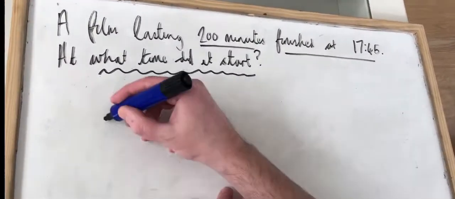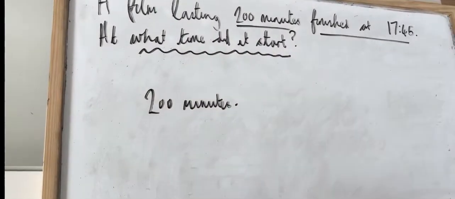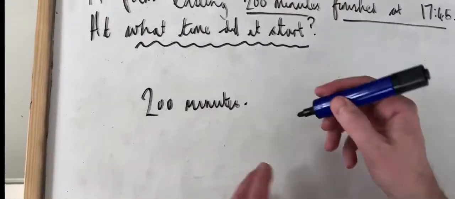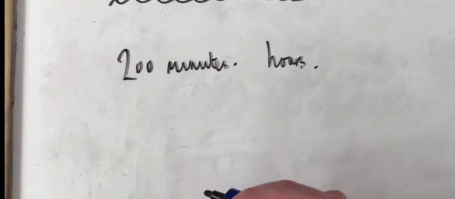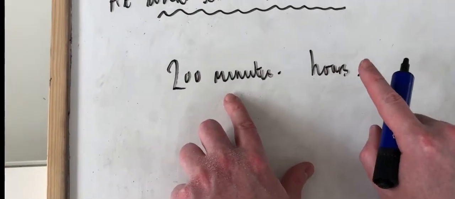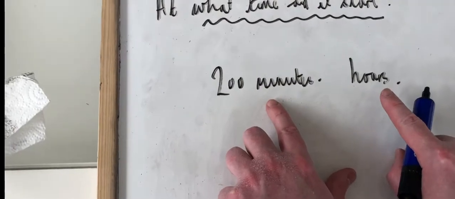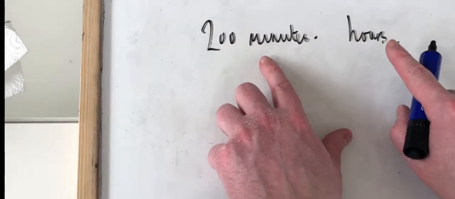So if we've got 200 minutes, and we're trying to convert it into hours and minutes, if we're going from a smaller unit to a larger unit, we're going to divide. We divide by 60.